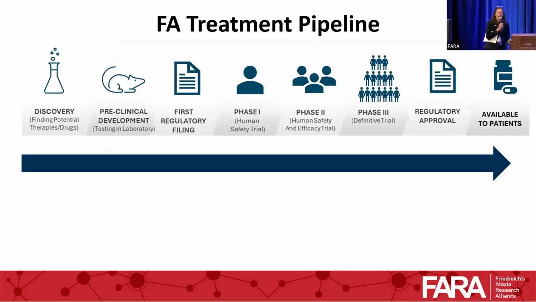So starting in the lab, working our way through clinical trials, and then to approved treatments. And we draw this as a straight line. It is not. It involves a lot of back and forth before you get all the way through it. And so you'll hear a little bit of that today.